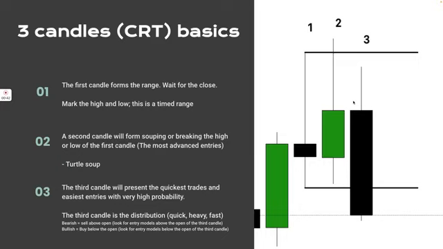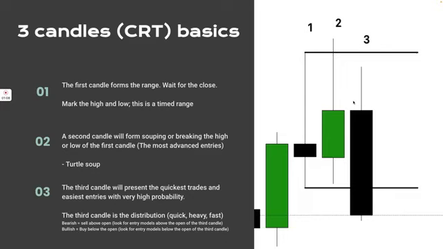The first candle forms the range. We wait for the close. Mark the high and the low. This is a timed range. This is a specific candle, a specific timed range. Some may confuse this with a price range.